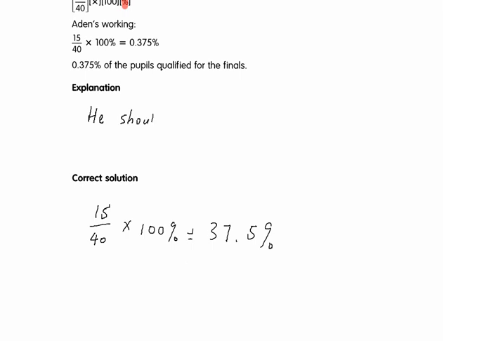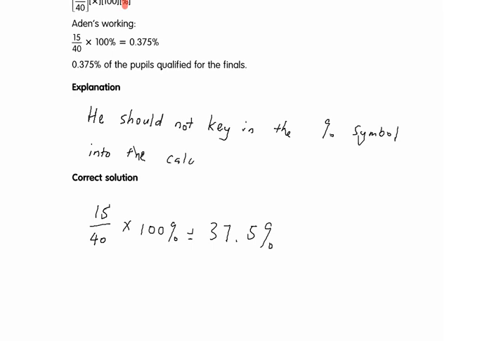He should not key in the percentage symbol into the calculator, because once he keys in the percentage symbol, he'll get 0.375, right? Then please write down the correct solution below.